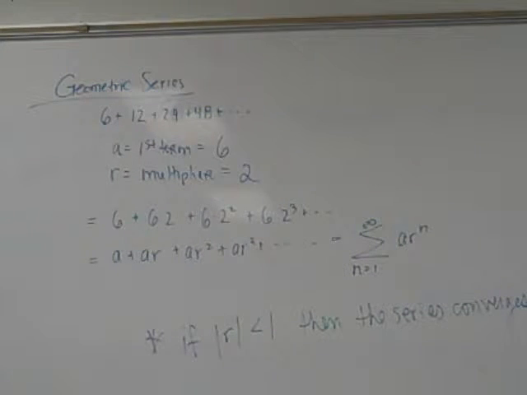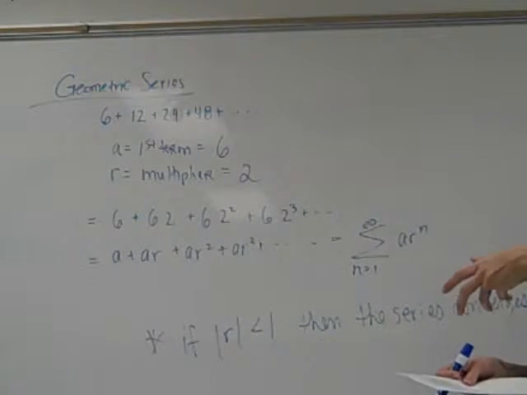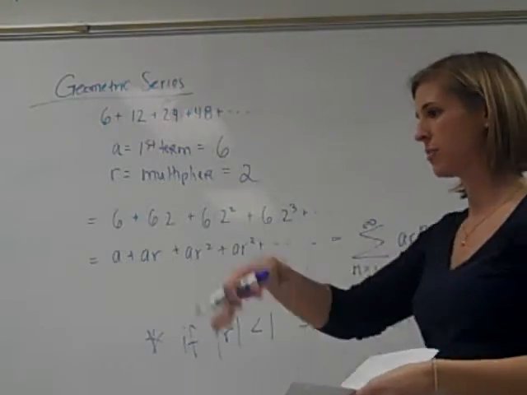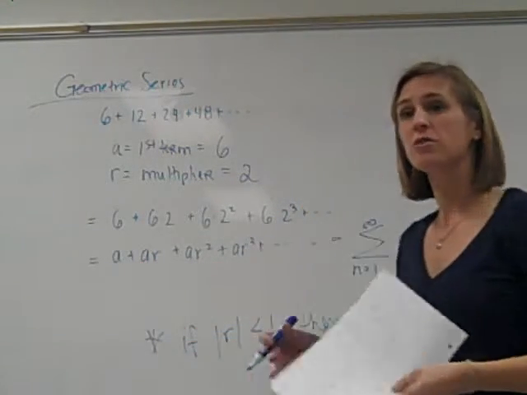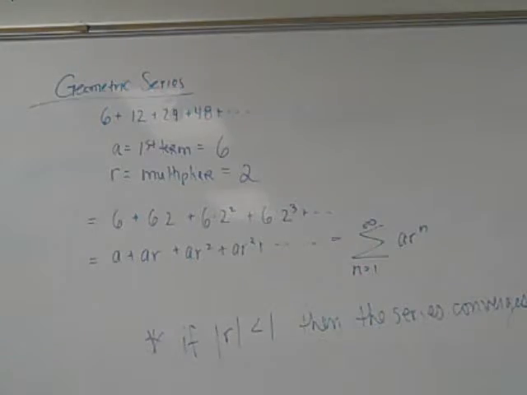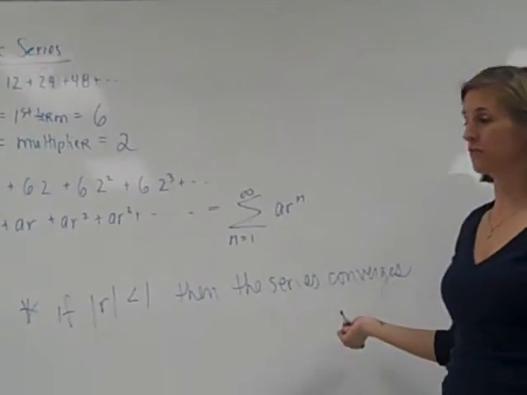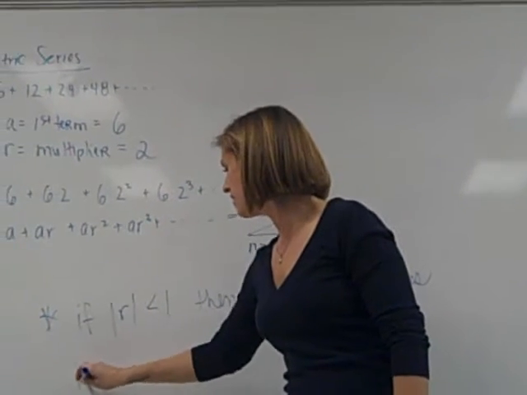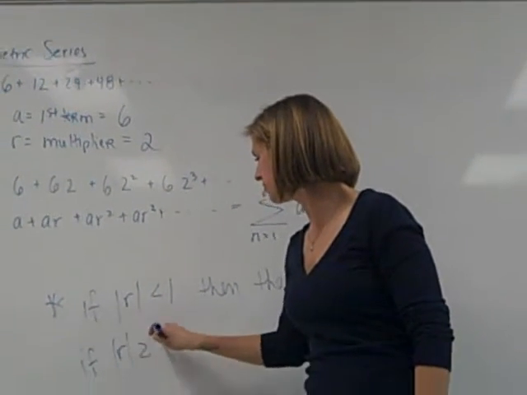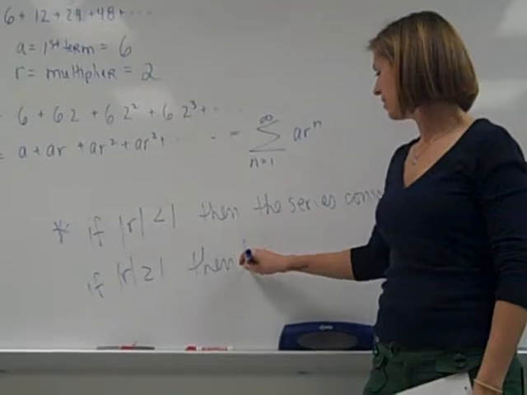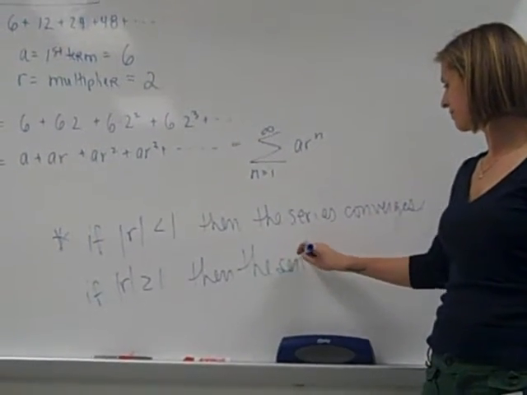And if I multiply a number by a fraction, what do I do to the number? I make it smaller. So if I keep multiplying it by a fraction, I keep making it smaller and smaller and smaller. So I keep getting that limit to be 0. So if my multiplier is less than 1, then my series is going to converge. And if my multiplier is greater than or equal to 1, then the series is going to diverge.